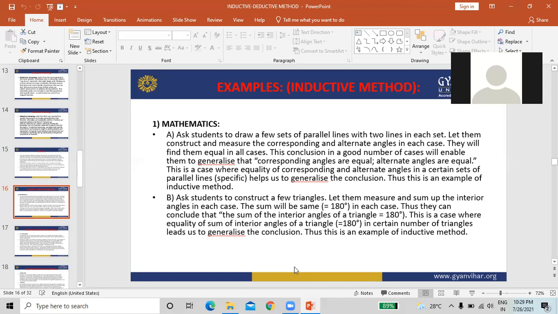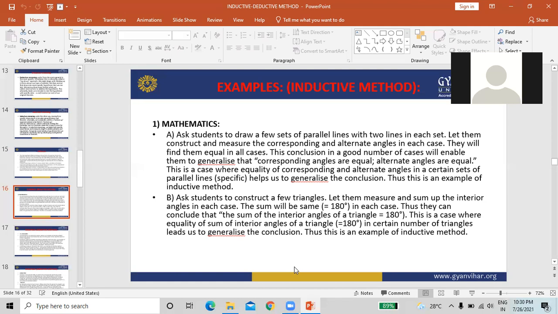Ask a student to construct a few triangles. Let them measure the sum of the interior angles in each case. The sum will be the same, equal to 180 degrees in each case. Thus, they can conclude that the sum of interior angles of a triangle is equal to 180 degrees.